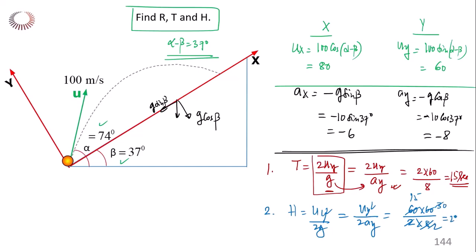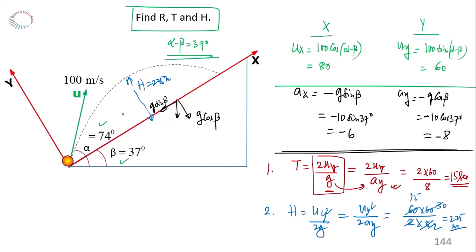That means 225 meters. So 225 meters is the maximum height attained by the particle.